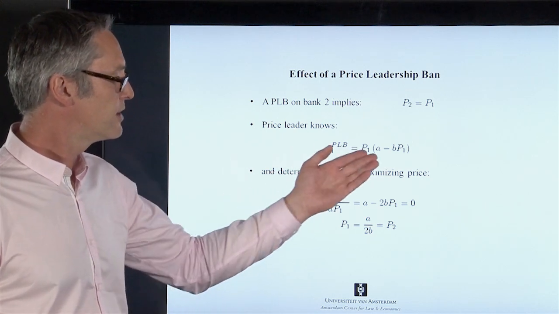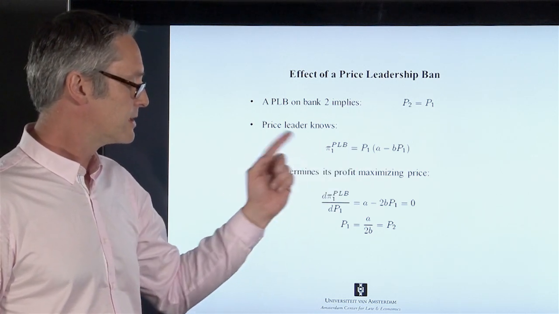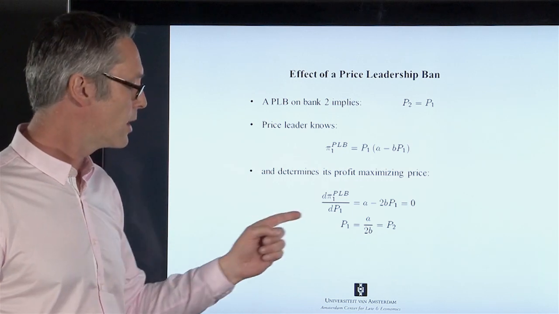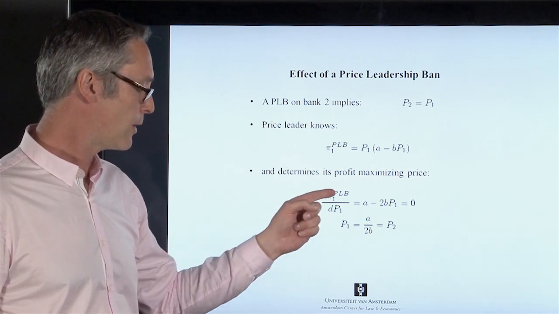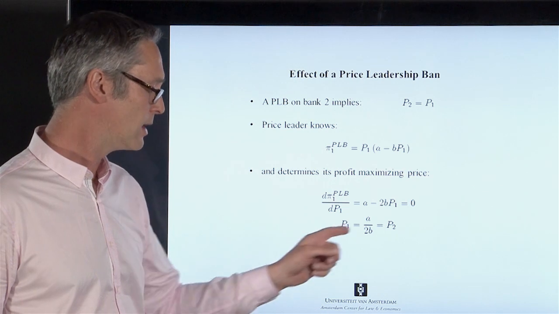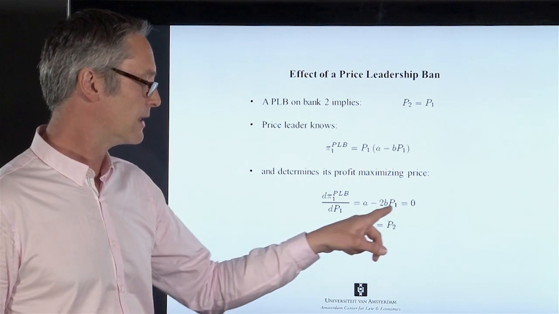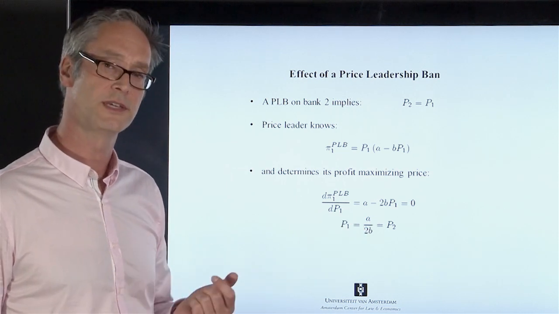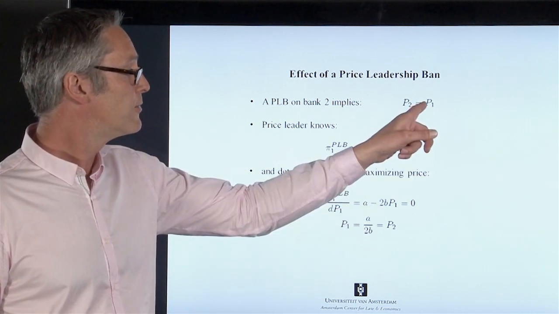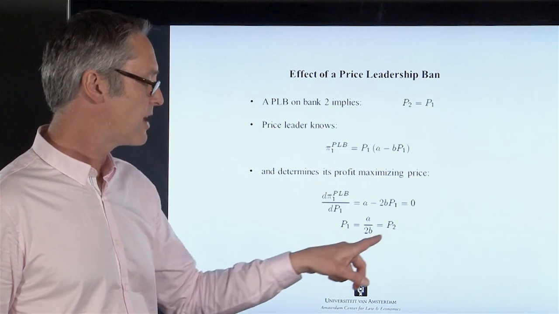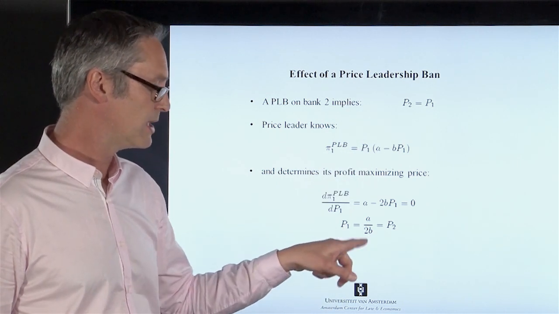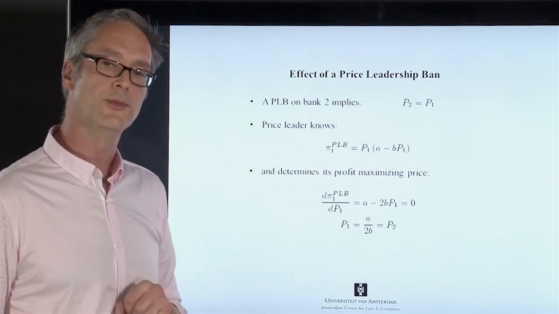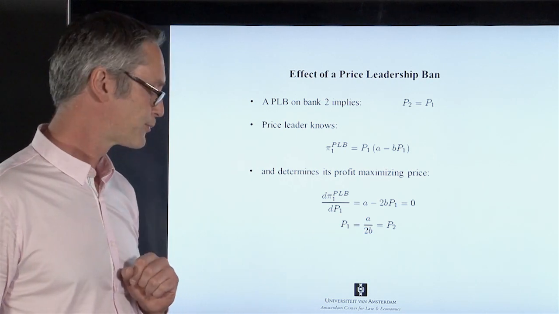Now it's very simple. You can take the first derivative of this. So the profit maximization under the price leadership ban of bank 1 is going to be d pi 1 under the price leadership ban over dP1, and set it equal to 0. You get this simple first order condition, which is just profit maximization of a monopolist, essentially. And since we know that bank 2 will set the same price, we know that P1 is going to be equal to A over 2B, which is going to be equal to P2.